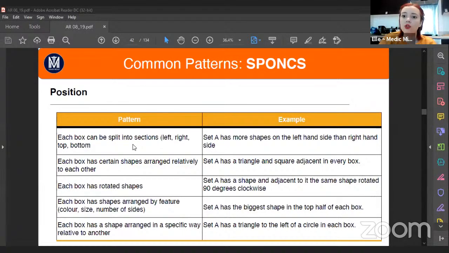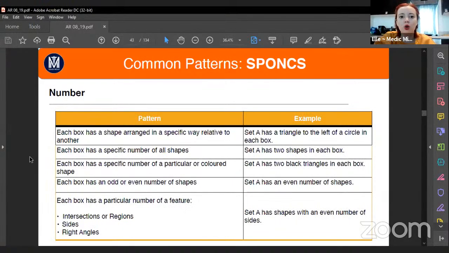But it's looking at how the shapes have been arranged, or have they been rotated? Or is it something like there's always more shapes on the right-hand side of the box than the left? So you're getting used to different kinds of positional patterns. And these are the ones that often catch candidates out a lot because we just don't look for them as regularly, which is why SPONKs is again useful, because it reminds you to have a look at that if you haven't already.